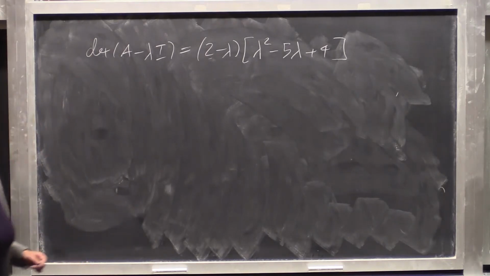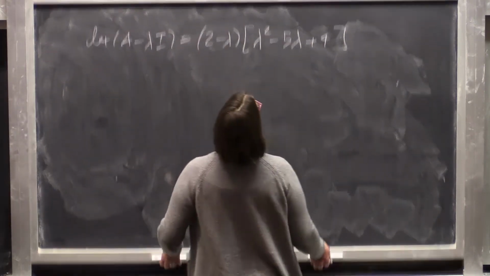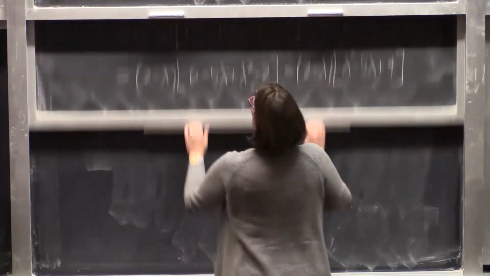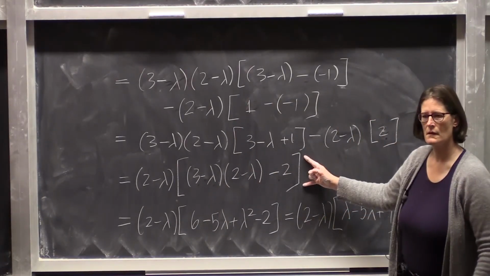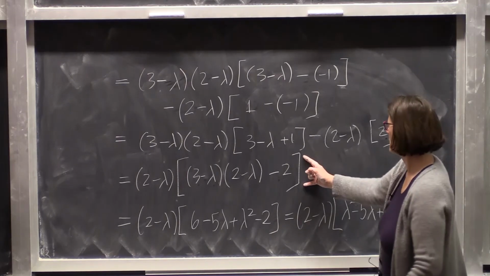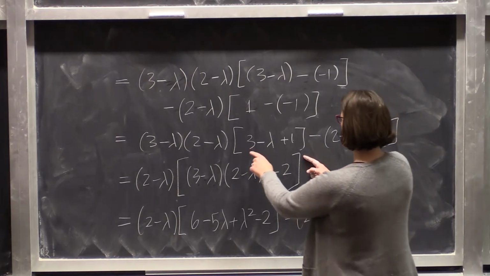At this point, I could use the quadratic. Yes? You make a mistake. Probably. Minus lambda plus 4 should be 4 minus 4. Hold on. Here? Yeah, 3 minus lambda plus 4.